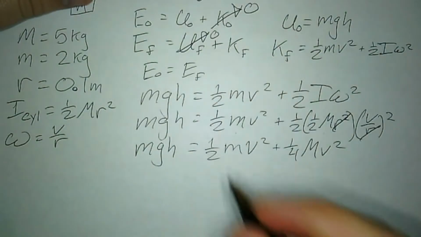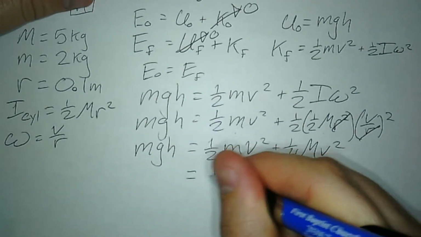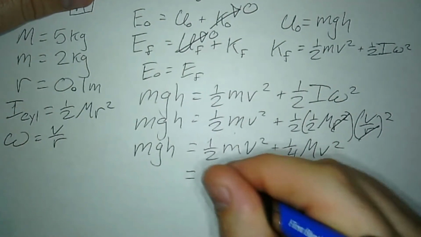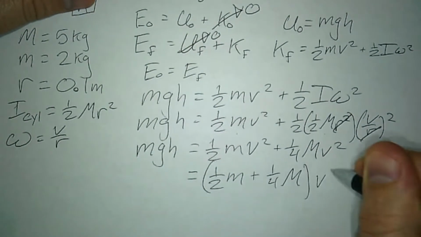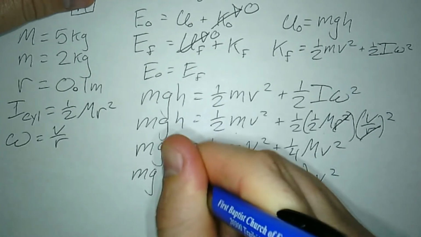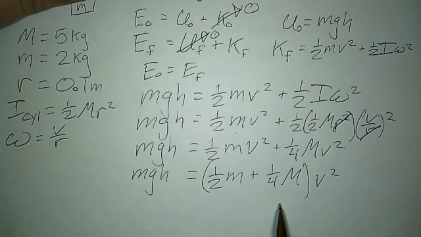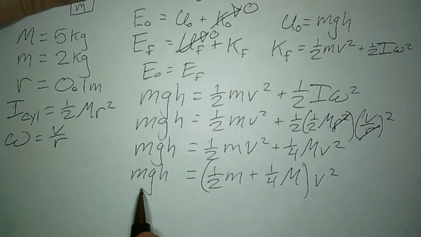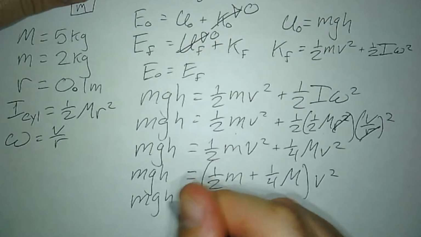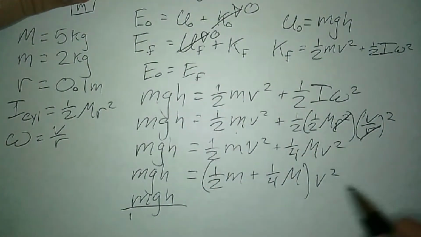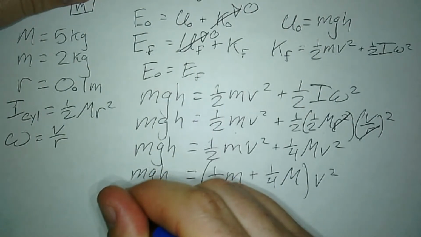So those are going to be the same. So now we're solving for v, so let's go ahead and factor out my v's on this side. So I'm going to get 1/2 m plus 1/4 big M v squared is equal to mgh. So now I've got v here where I can divide both sides by this term, and then I'm going to get v squared alone. So I'm going to get mgh over, we can multiply through by 4 also if we want to make it easier. So let's put a 4 up here.